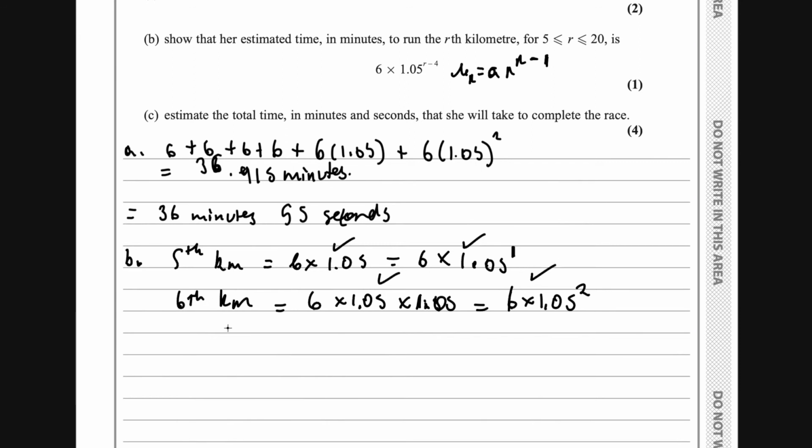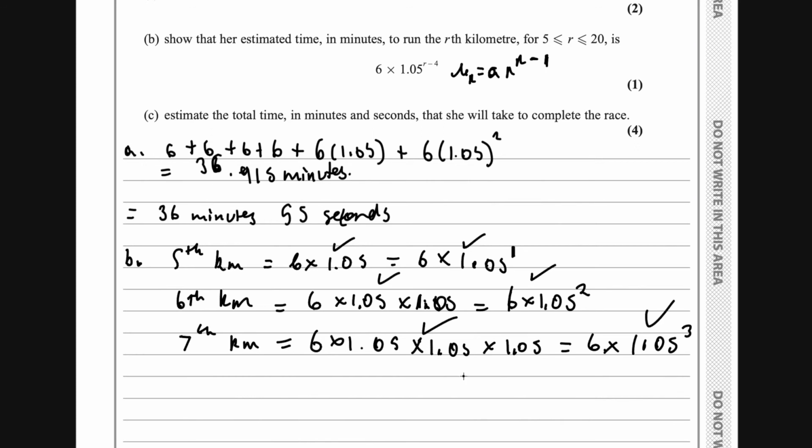It indeed applies for the 6th kilometre, and we're just going to apply it for the 7th kilometre now, just to summarise this. What we'll find is the 7th kilometre is going to be 6 times 1.05 times 1.05 times 1.05, and that will equal 6 times 1.05 cubed, okay?